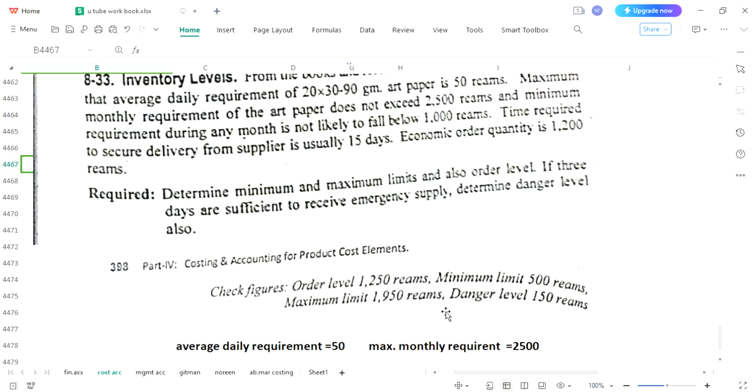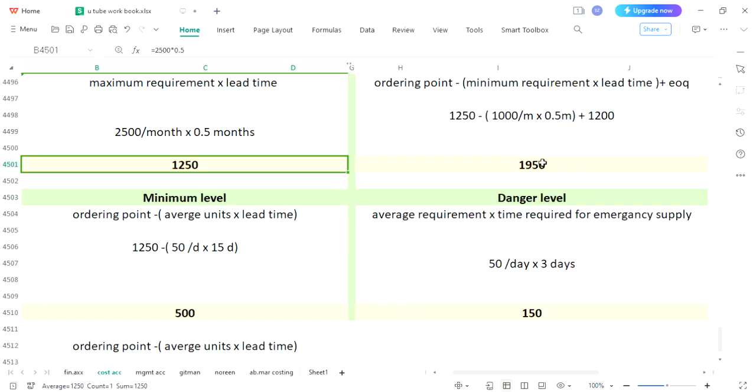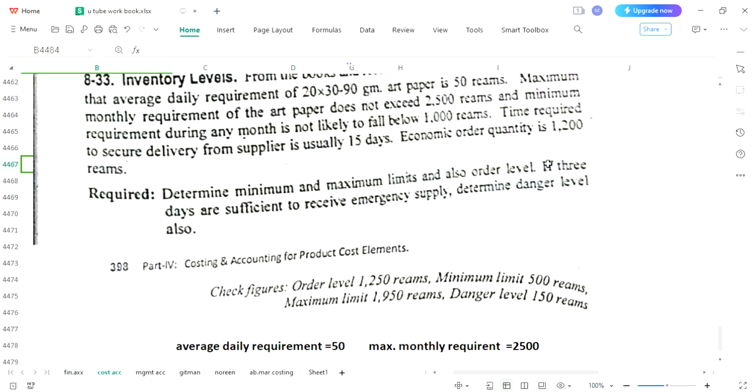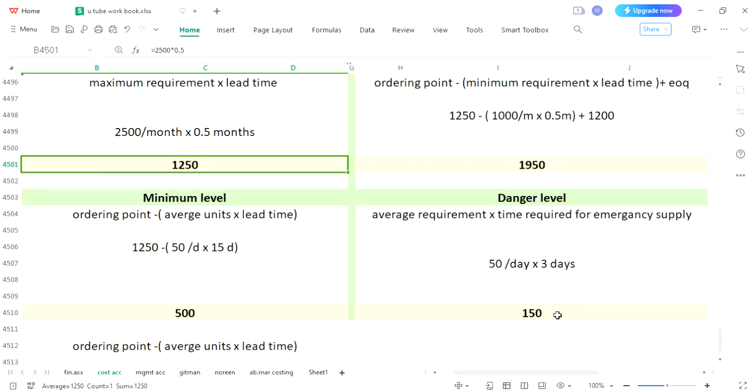Then we have maximum 1950, so this is 1950 maximum. And finally danger level 150, and danger level 150 we have calculated. So review is very important. Sometimes we skip some part of our questions. So review will let you know if some part has been skipped or left.